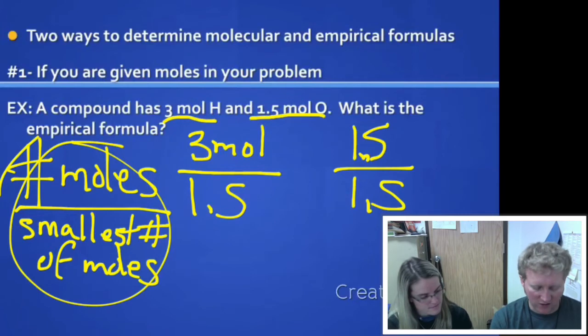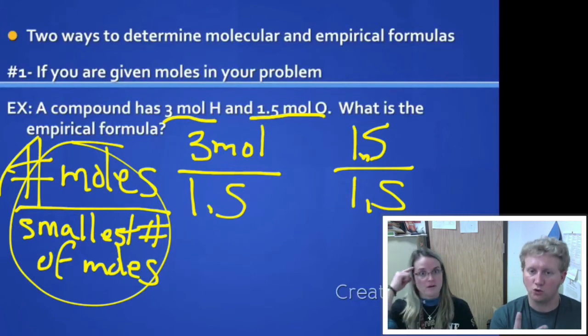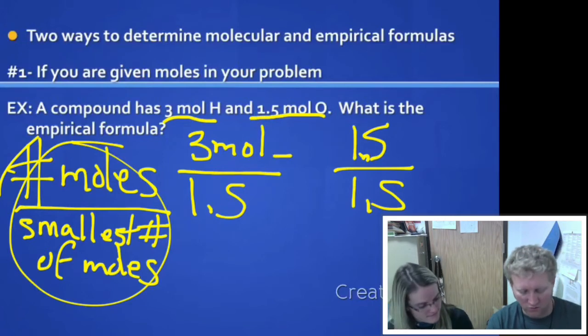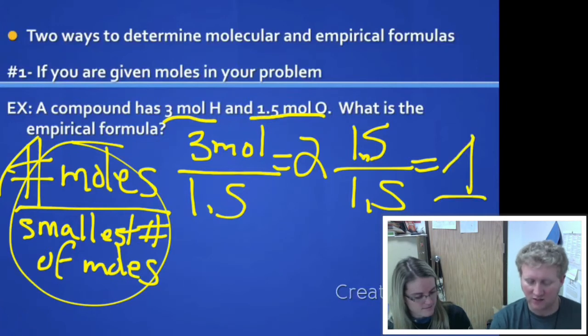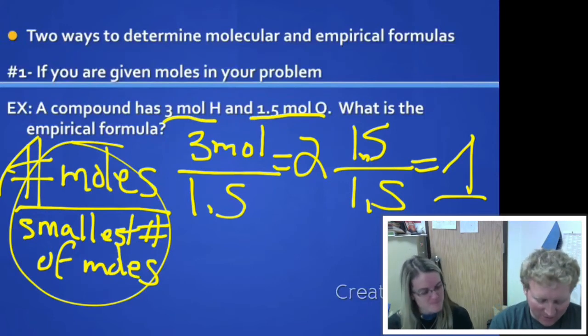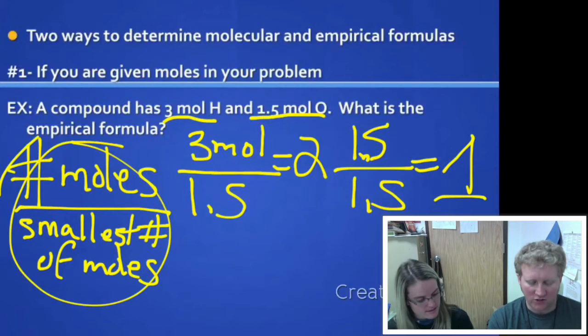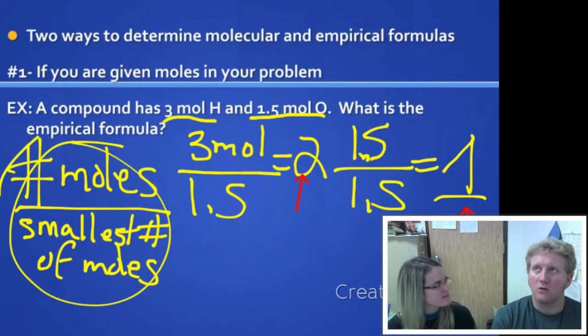3 divided by 1.5 is 2. So we put a 2 right there, and then 1.5 divided by 1.5 should be relatively easy. It's 1. So does the 2 and the 1 give me my mole ratio then?